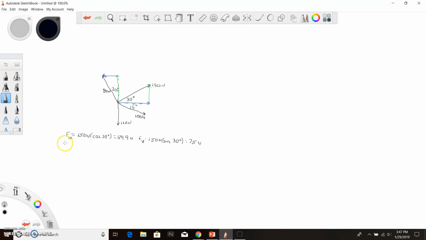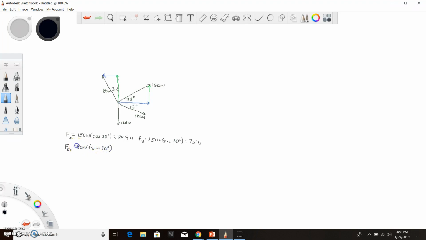Okay, so let's start first with F2x. Force 2 in the x direction is going to equal 80 newtons multiplied by the sine of 20 in this case, because it is our opposite side.